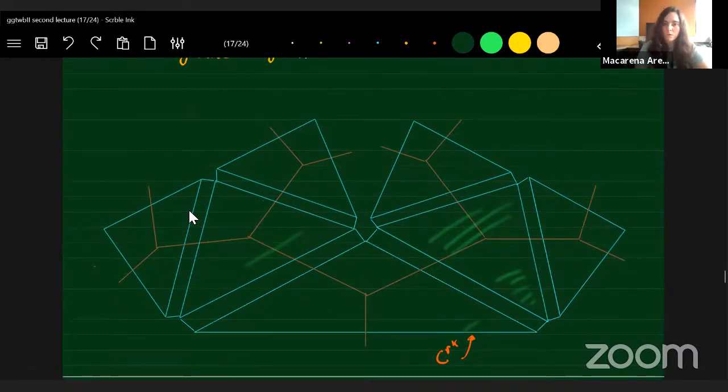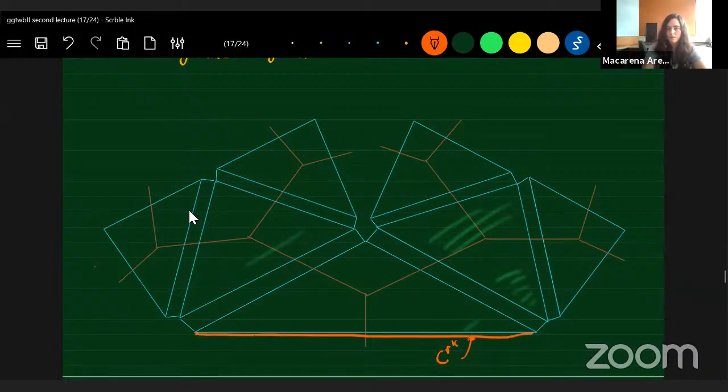And what words are these diagrams describing? So this line right here, which we're going to call the diameter of the diagram, is made of R to the K C edges. So these are all C's.